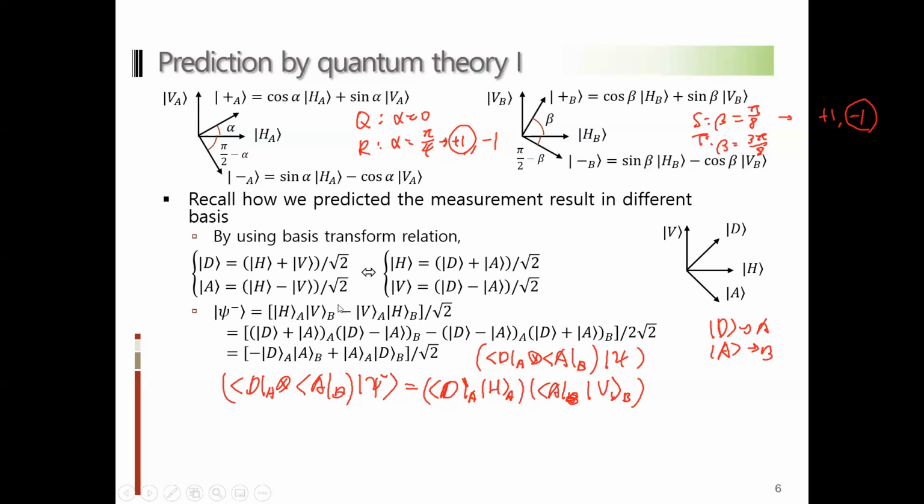This is multiplying on the first term, and then for the second term, it will be D_A V_A and A_B H_B, like this. And then the overall factor was the square root of 2. Something like this.